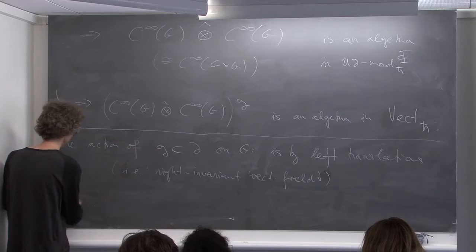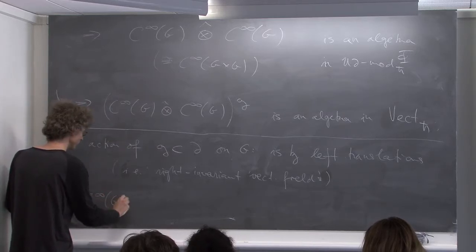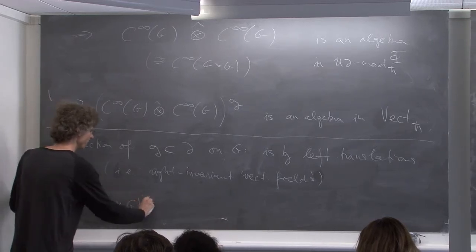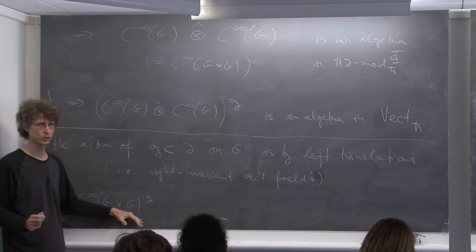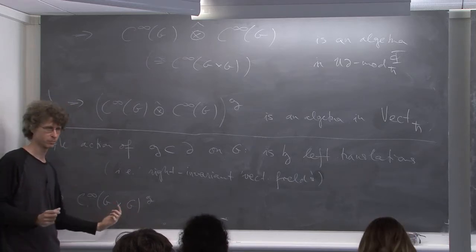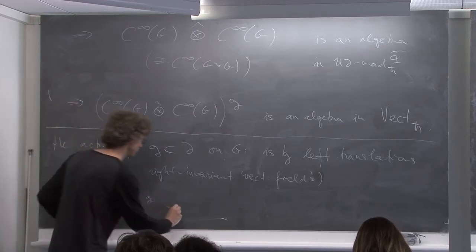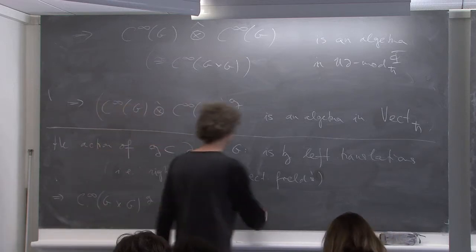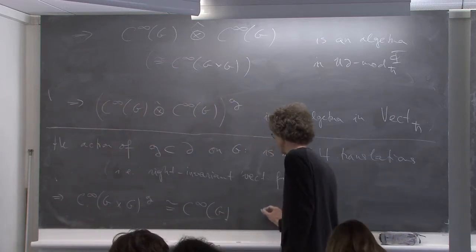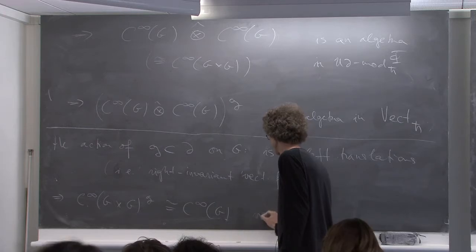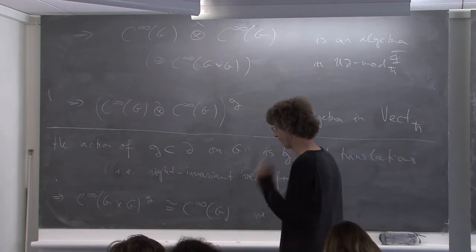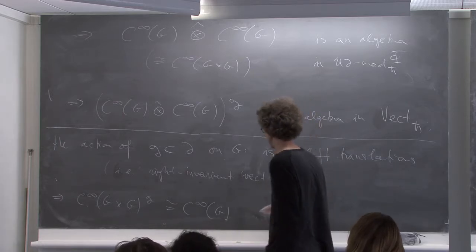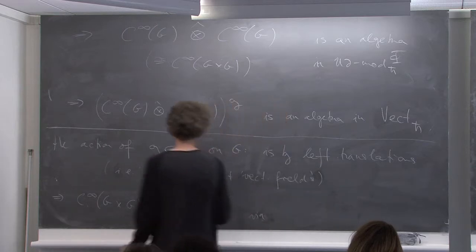So this implies that C infinity of G times G, the G-invariant part, consists of functions that depend only on, so this one can be identified with C infinity of G via, how would I put it?